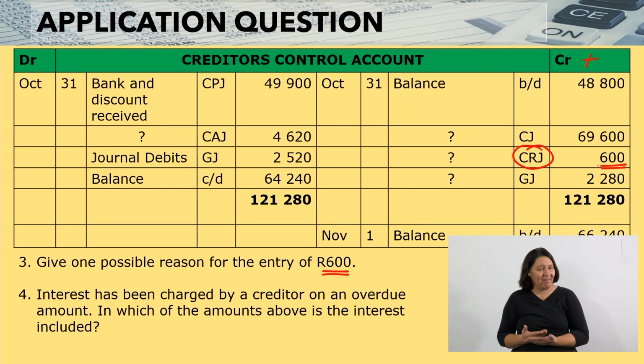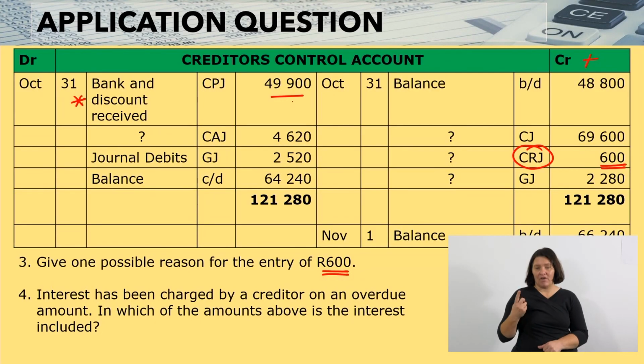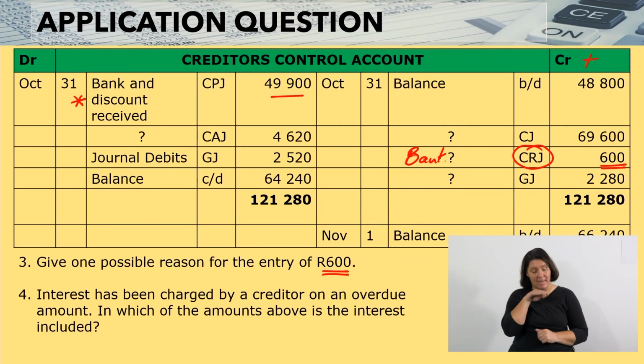It is possible that when we pay our creditors, we can pay them more than what we were supposed to pay here in bank and discount. So we have paid them, however, we paid them more. They must give us that money back. In other words, it is first in the bank and discount, and if the money is more, they will refund us that money. In other words, here you find bank CRJ 600.